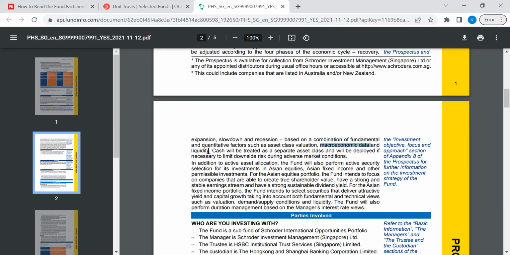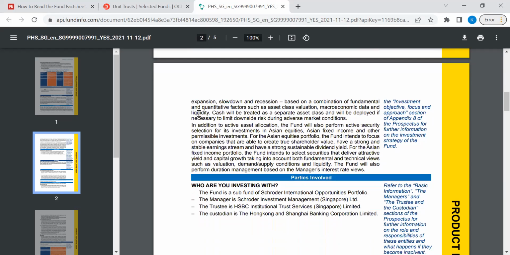And liquidity. Liquidity is for all the investors, the market participants. Is there actually ample liquidity? When liquidity is ample, people can usually invest more easily. People tend to be more bullish because they have money to do investment, right?